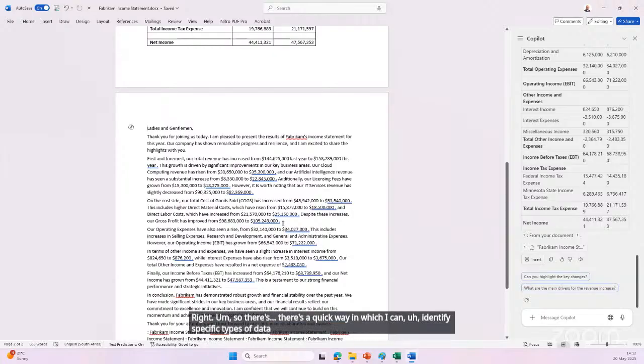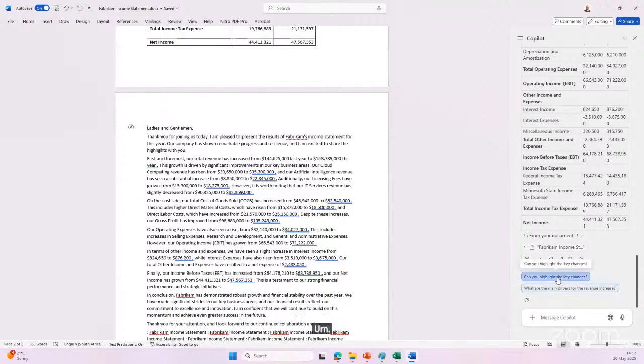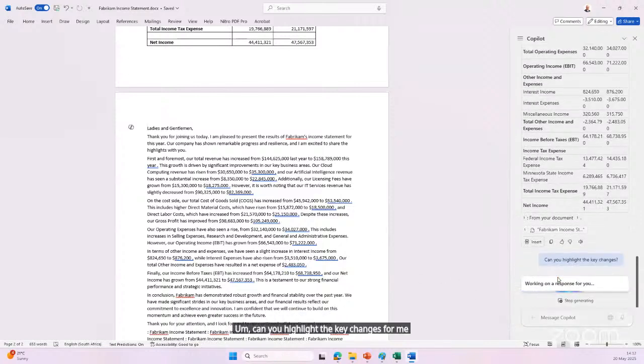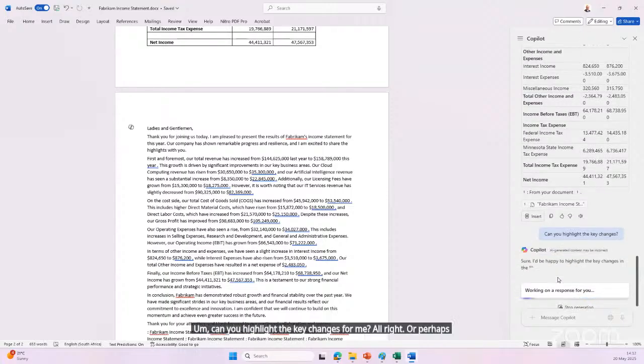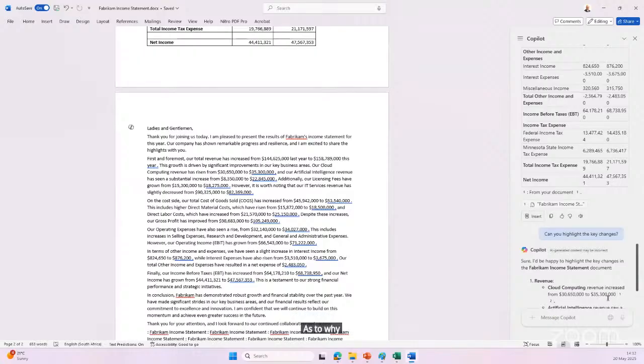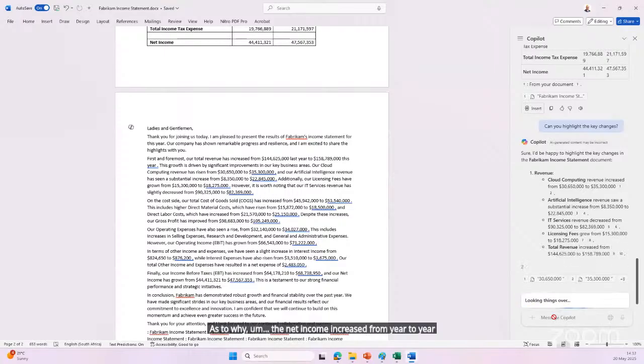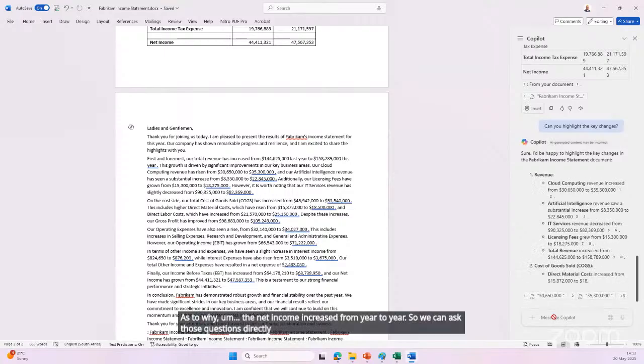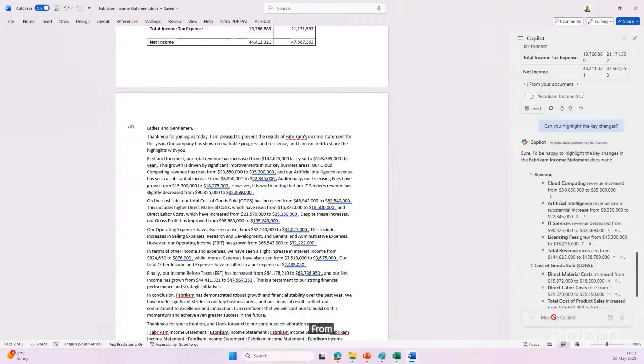Can you highlight the key changes for me? Or can you interpret the data for me? Can you speculate as to why the net income increased from year to year? We can ask those questions directly from our Word interface rather than having to use the web browser.